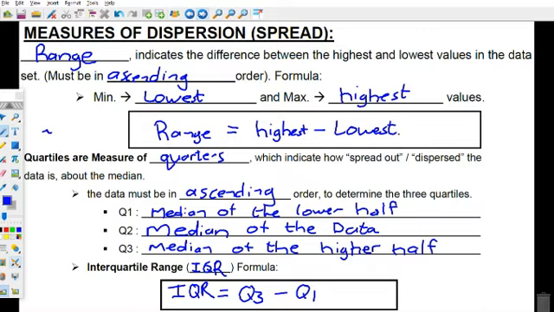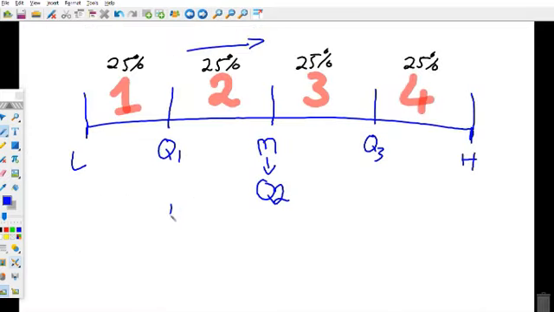If we go back to our little sketch, this here is my Q1, this here is my Q3, and in between is my interquartile range.